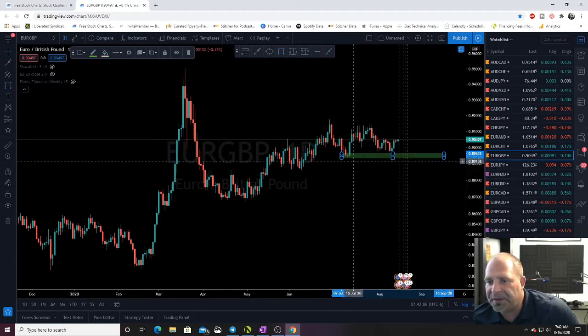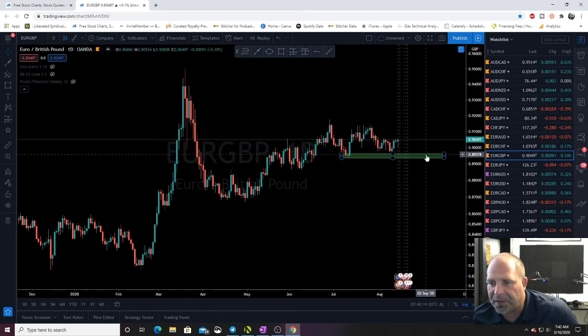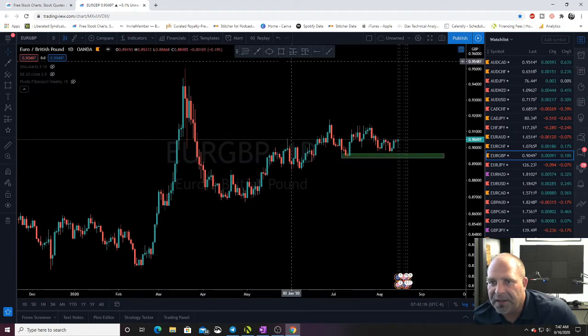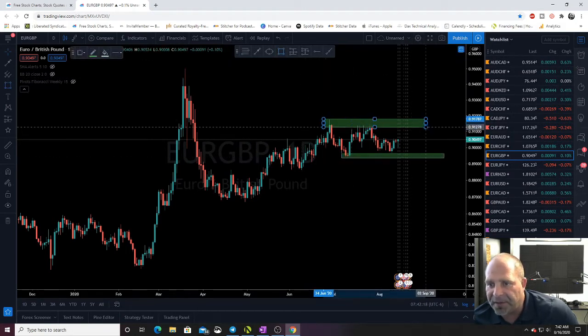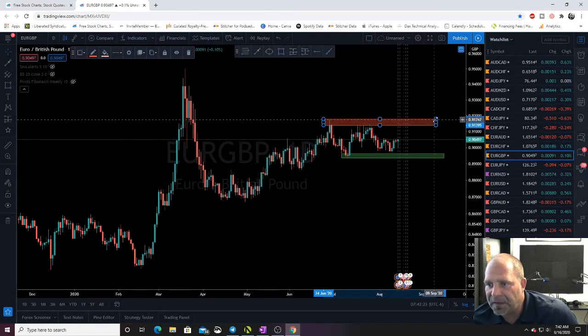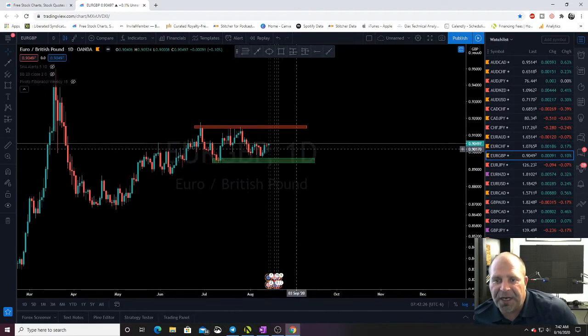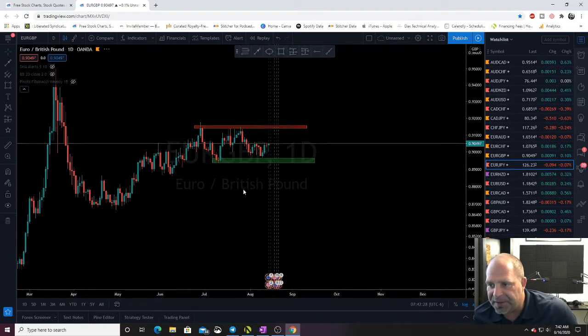So we're going to look at this forward low. We almost tested it there. We might be on our way down to test it now. And then we have a decent bearish zone right there that we want to see if we're going to get range bound in between those two areas.